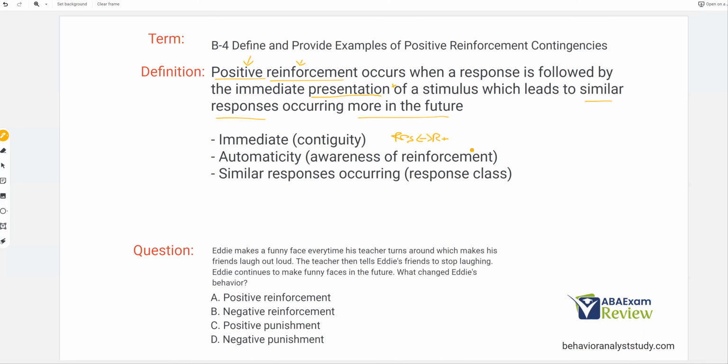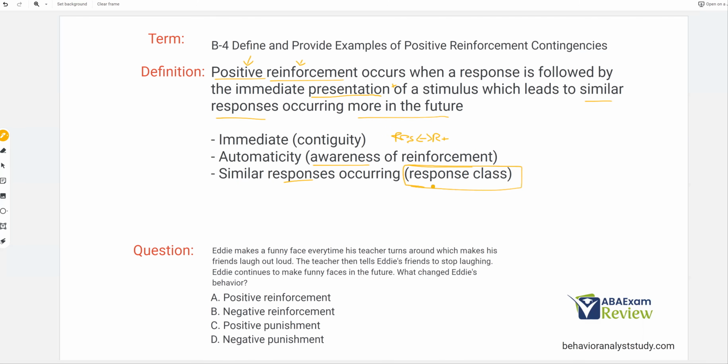So closeness matters, because if you wait 10 seconds, you might be reinforcing something completely different. Automaticity, the awareness of reinforcement. You don't have to be aware to be reinforced. And then again, we don't reinforce one response. We reinforce the response class.